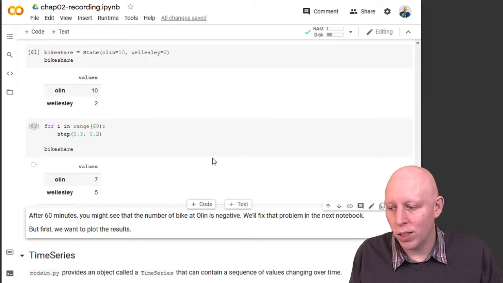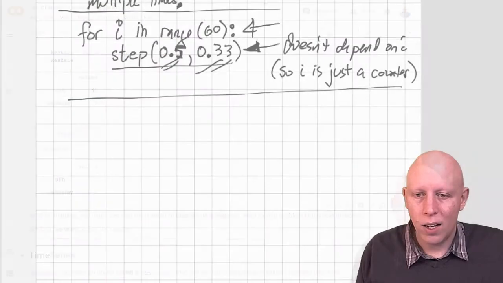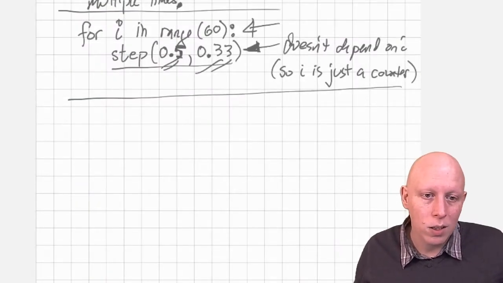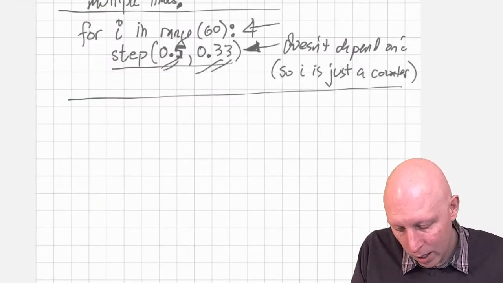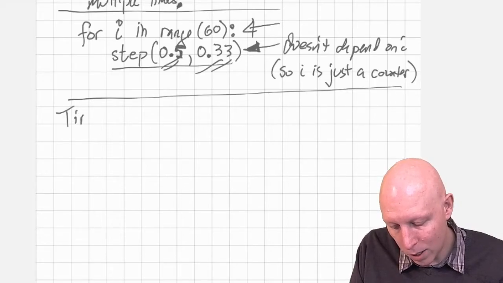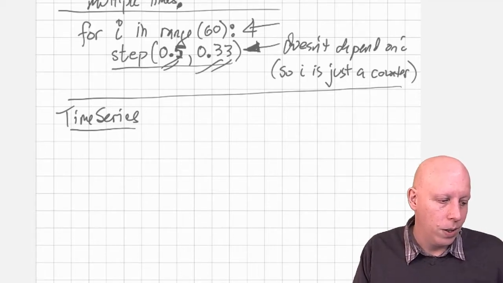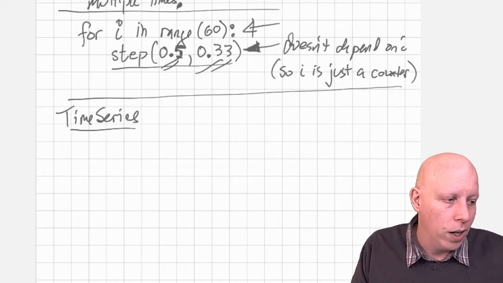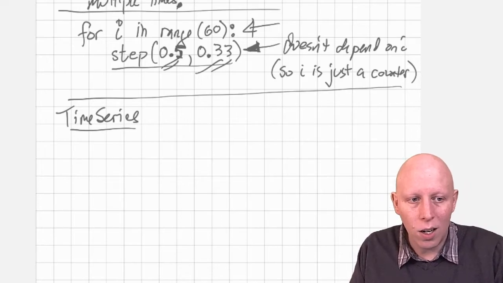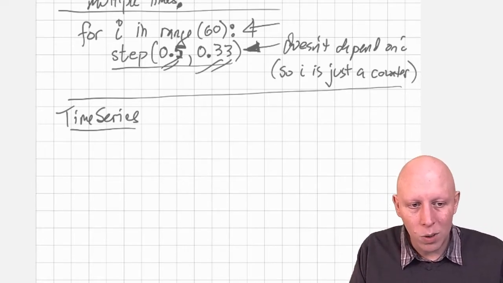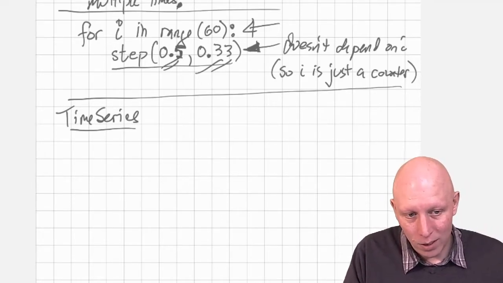What we're going to do is use a new object called a time series. All right, so let's talk about a time series. We'd like to run our bike share simulation multiple times, and we'd like to keep track of what's happening.